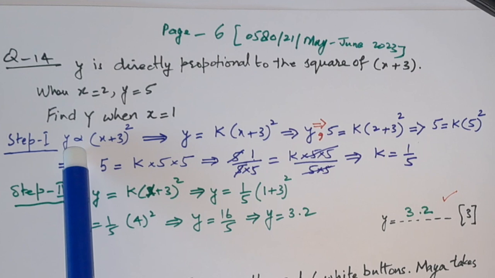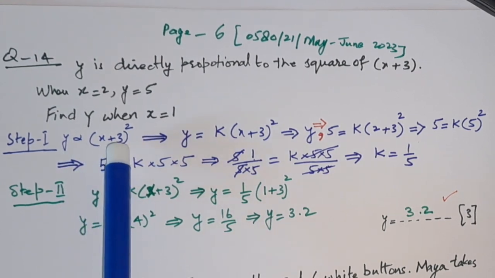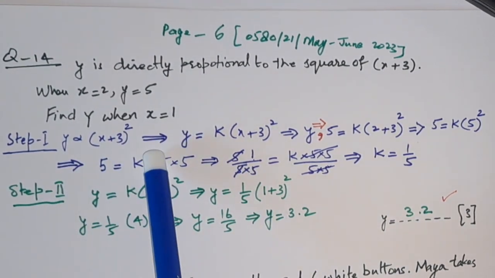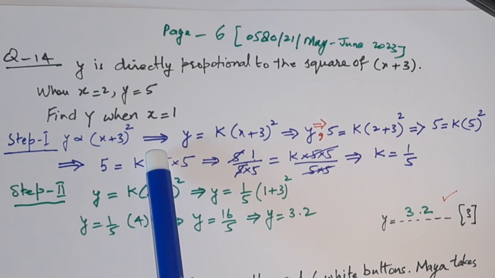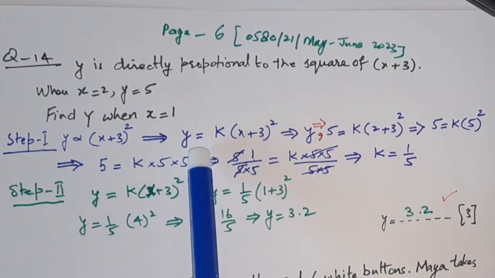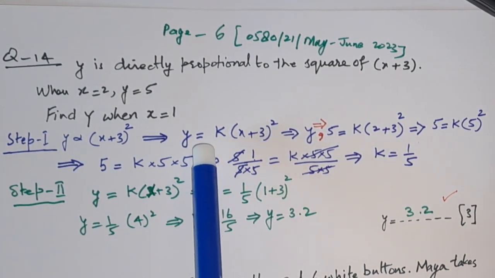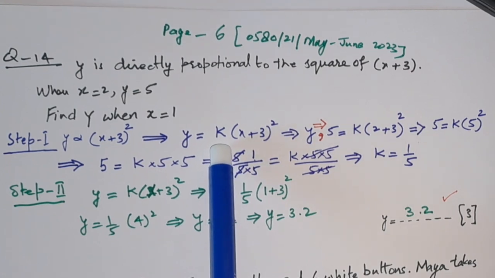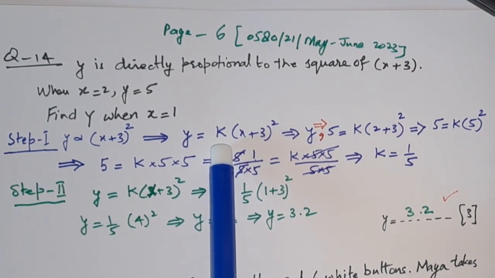Y is directly proportional to bracket x plus 3 bracket close square, which means that we have to change proportionality into equality, and we have to introduce a constant. The constant here is k, constant of proportionality.